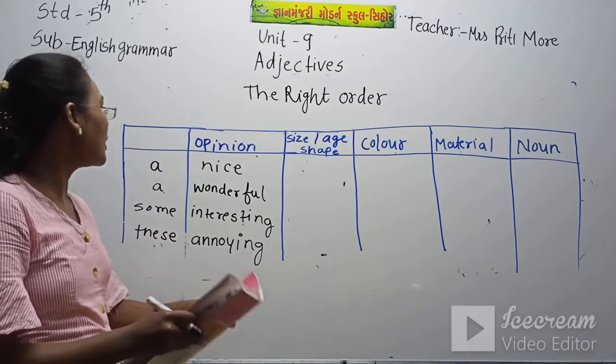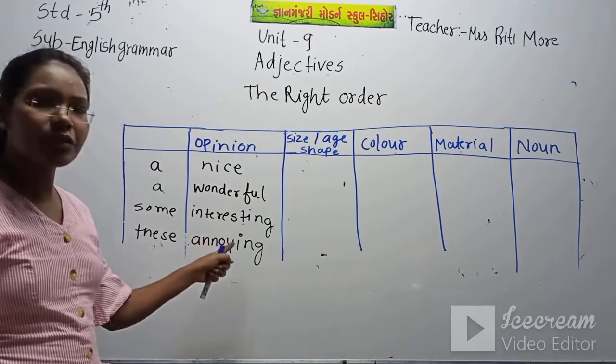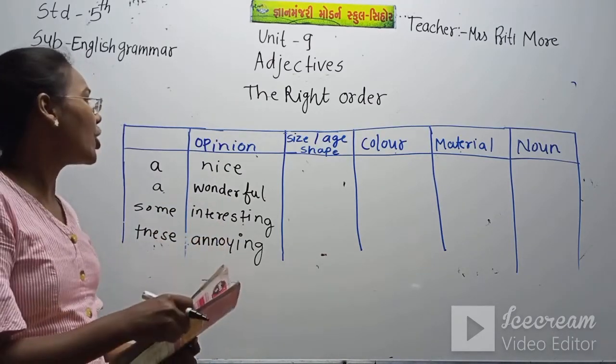First, what do we have to write? We have to write the opinion: beautiful, nice, wonderful, interesting and annoying.